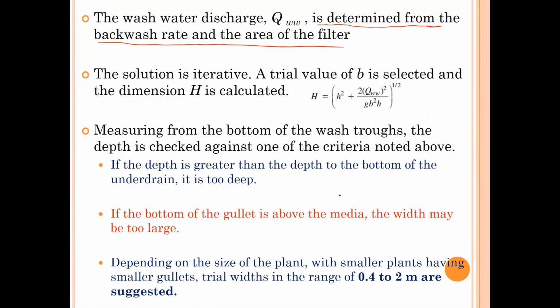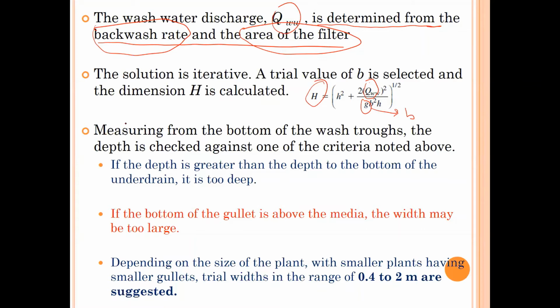We can find this Q_ww, the wash water discharge, from the backwash rate and the area of the filter. Then, knowing this, we can select a value of b to calculate this value H. And this solution is iterative. You have to change the values and reach a good one.